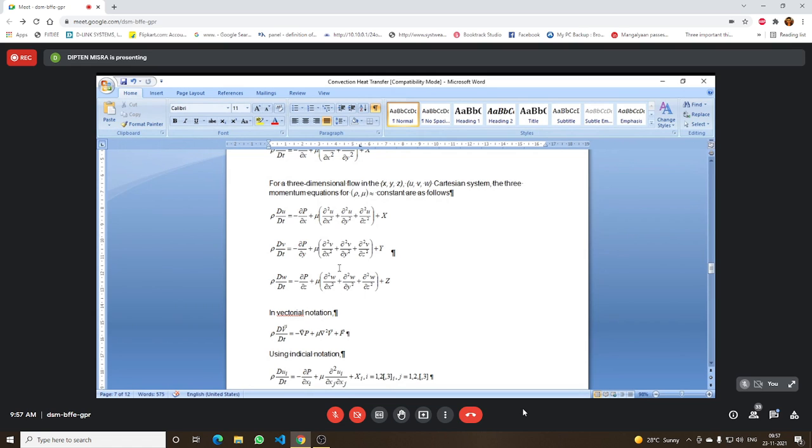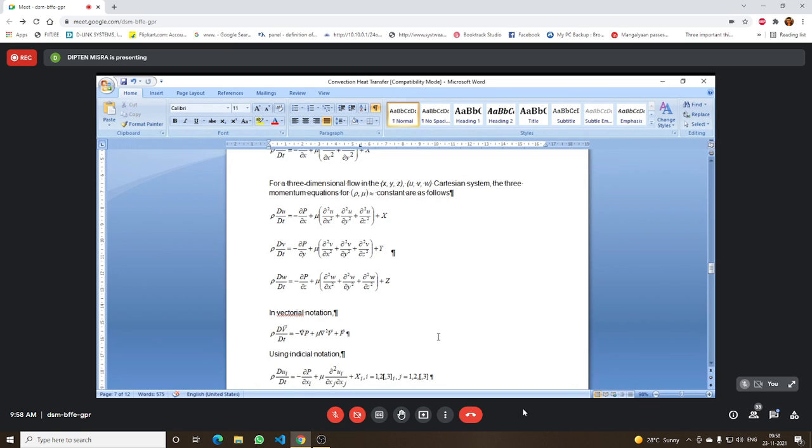So the x component will be only involving u, y component will be involving v, z component will be involving w. Plus, if there is a body force vector F, which will have a component along x given by capital X, the y component is given by capital Y, and the z component of this force is given by capital Z.